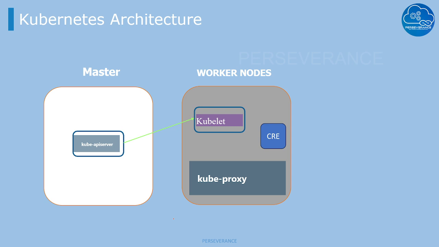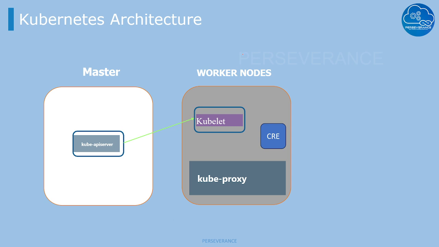Every component in the Kubernetes master will only communicate to the Kube API server, and the components on worker nodes can only communicate to the Kube API server as well. So it is, as I told, the heart of the architecture.